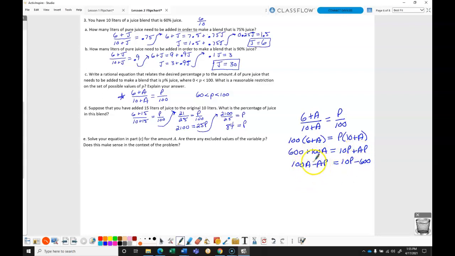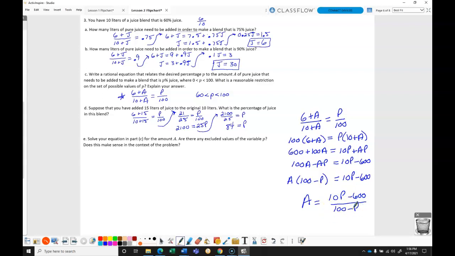Now I have an A in both of these, which I'm allowed to factor out. And that leaves me with 100 minus P, which is 10P minus 600, and then I'll divide both sides by that factor, and that will give me A all by itself. So A equals 10P minus 600 over 100 minus P.